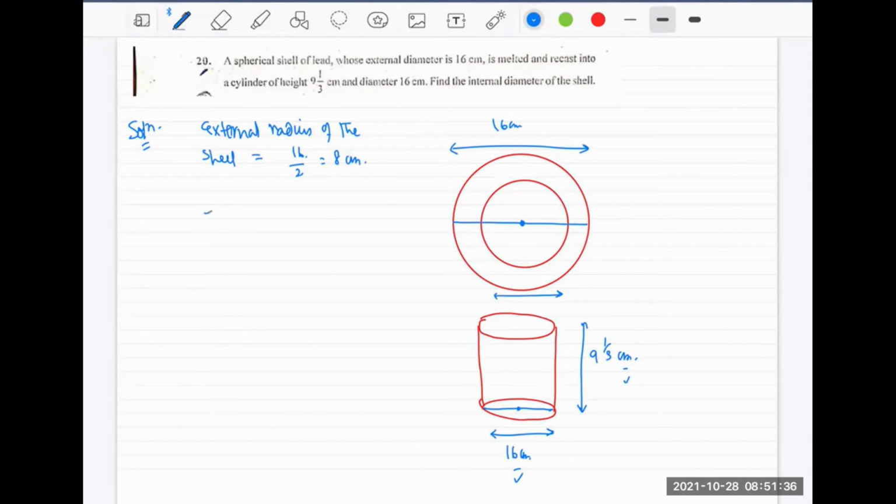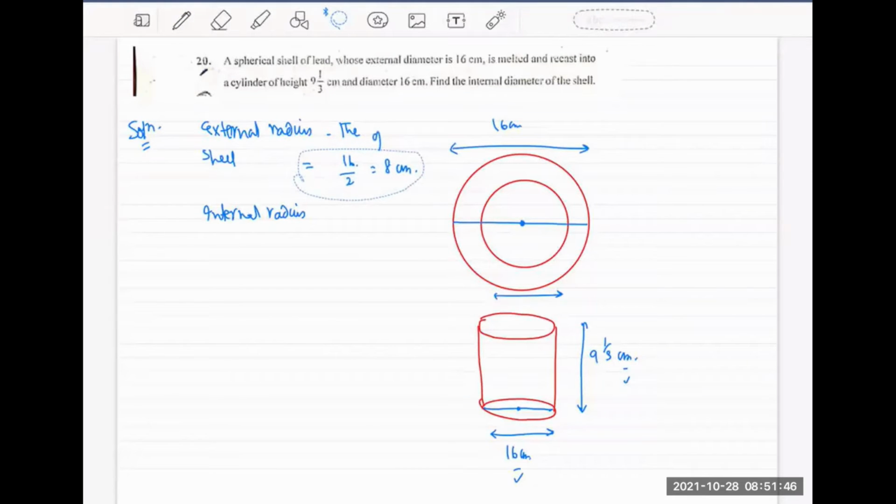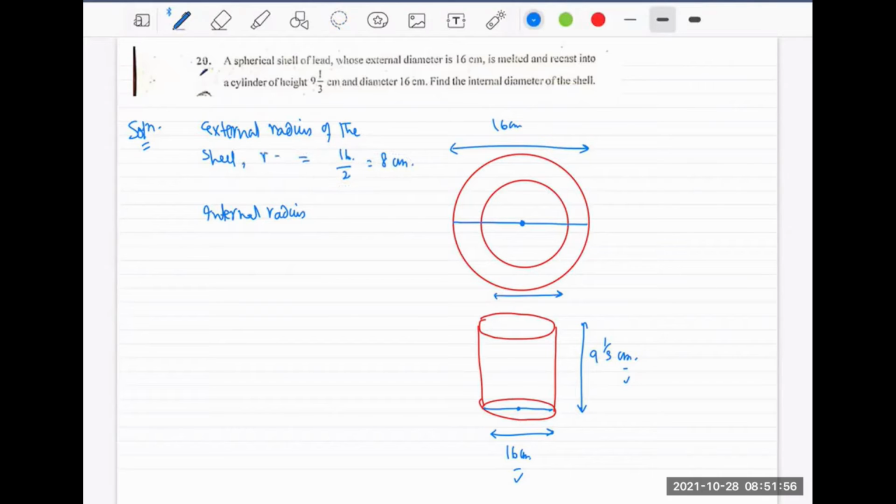And come to the internal radius. Let the external radius be denoted by R1.